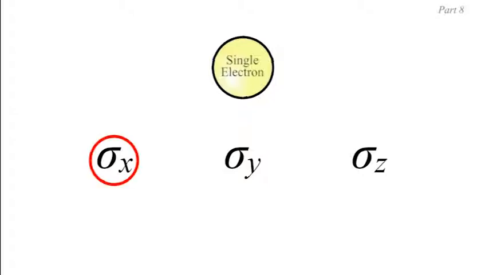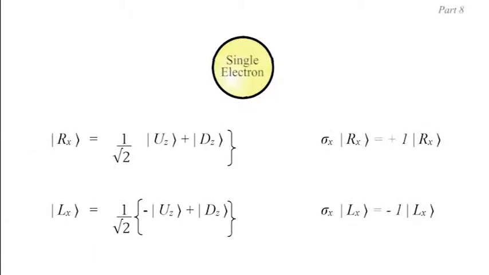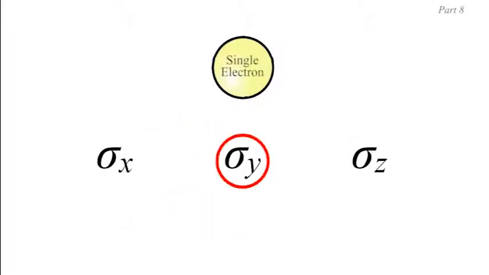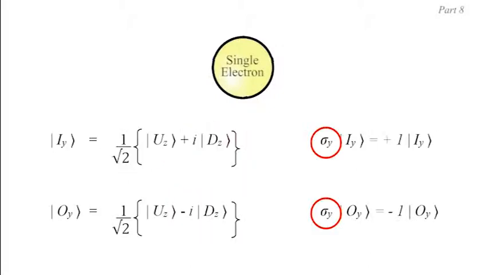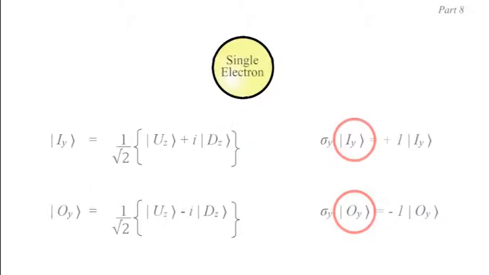Sigma x will be used to measure the component of the spin in the x direction, and the only time that it gave a measurement of +1 or -1 was when it was applied to the right or left states, each of which was a mixture of the up and down basis states. Similarly, sigma y could be used to measure the component of the spin in the y direction, and that only gave a measurement when it was applied to the in and out states.